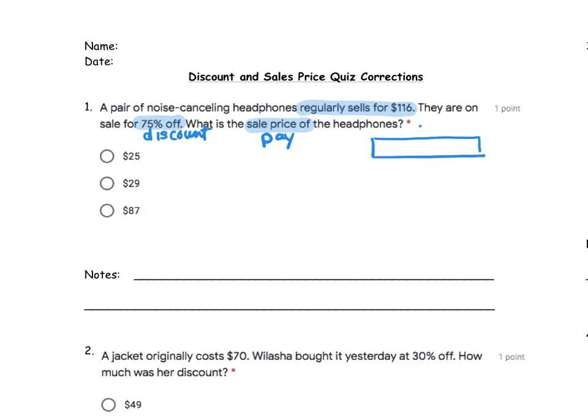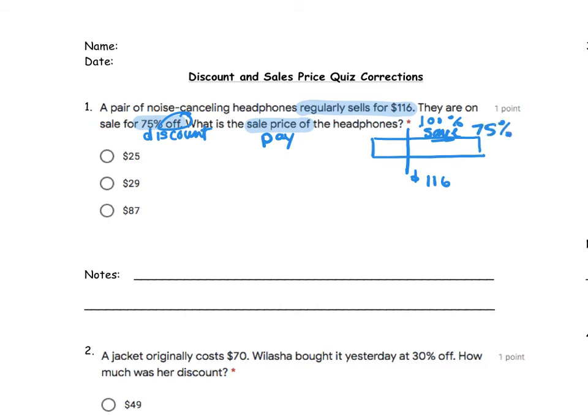This is 100% of the tape diagram, and this is worth $116. Now, they mentioned this clue word off. 75% off is the majority of it, and this is the amount that we would save. We would save 75%.